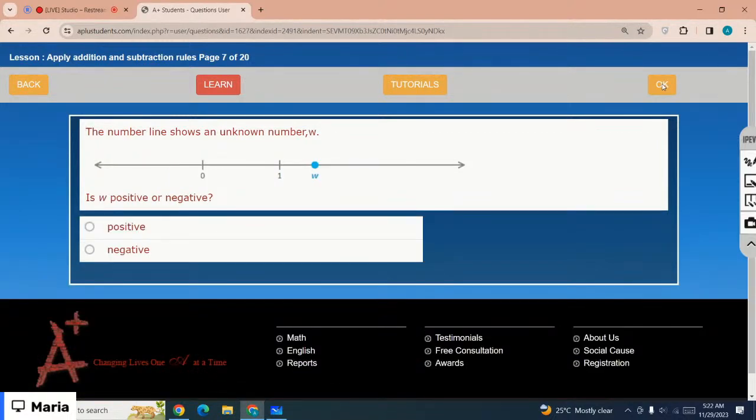The number line shows an unknown number w. Is w positive or negative? Which is the correct option?